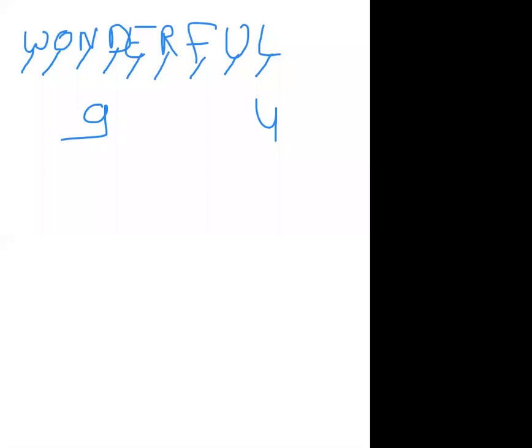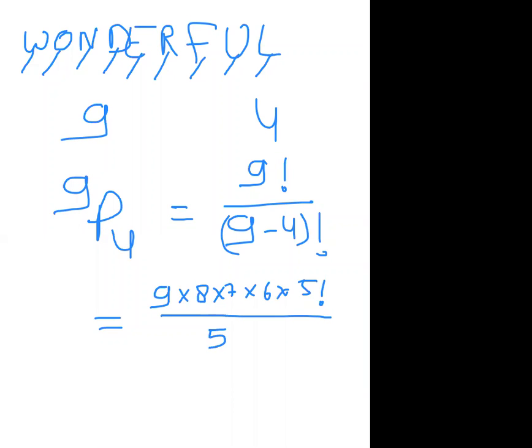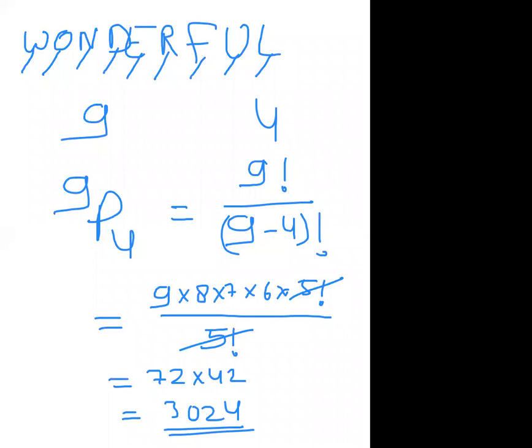So it will become 9P4. And 9P4 can be written as 9 factorial upon (9 minus 4) factorial, which could be written as 9 into 8 into 7 into 6 into 5 factorial upon 5 factorial. 5 factorial and 5 factorial will get cancelled, so this will be the possibilities.